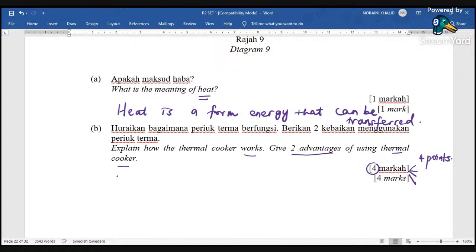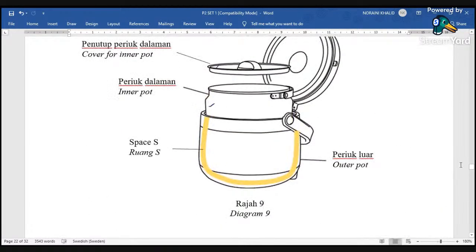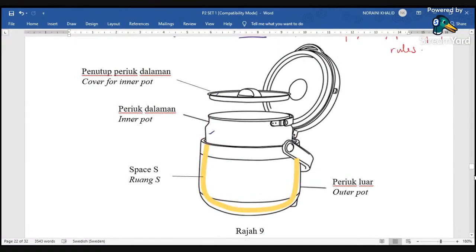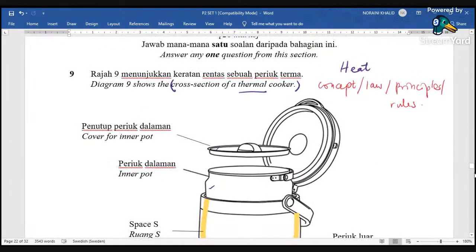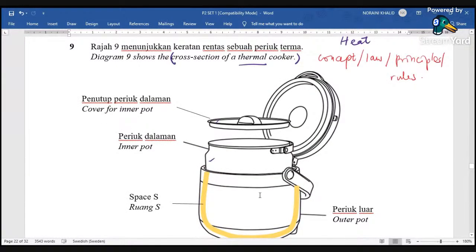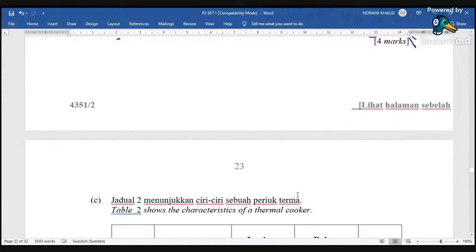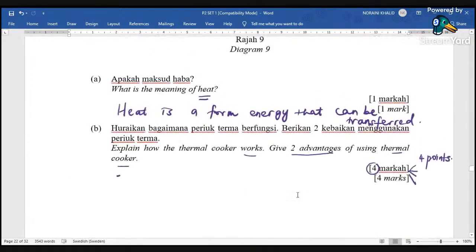Okay, let's look at the first point. You look at the pot here. This thermal pot is to maintain the heat inside the pot so that the food is always kept warm. What happens inside is that the pot will trap the heat.